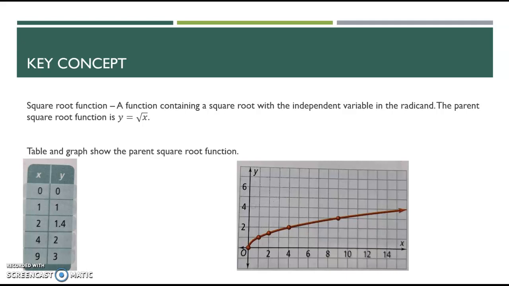So thinking back to when we were doing quadratics, parabolas were those U-shaped graphs. And we've also talked about how square roots are the inverse operation to squaring a function.